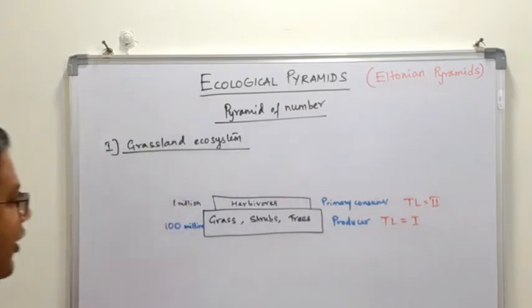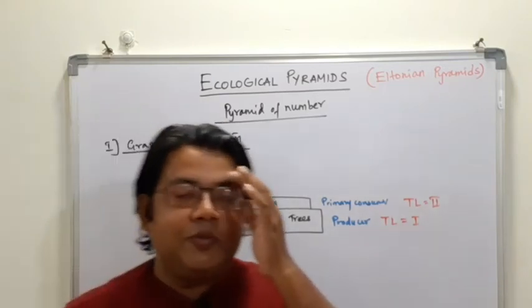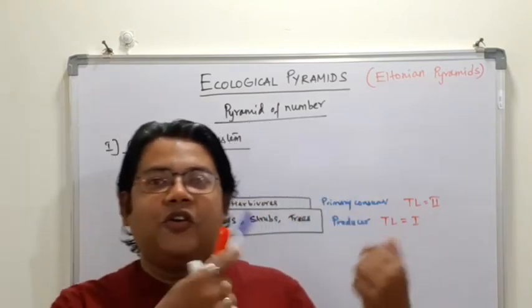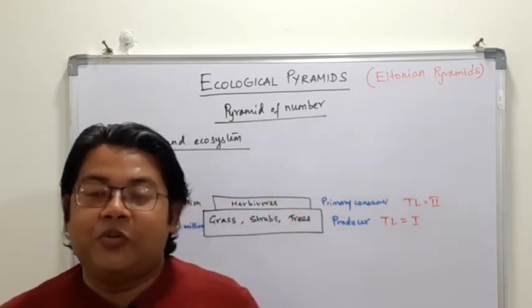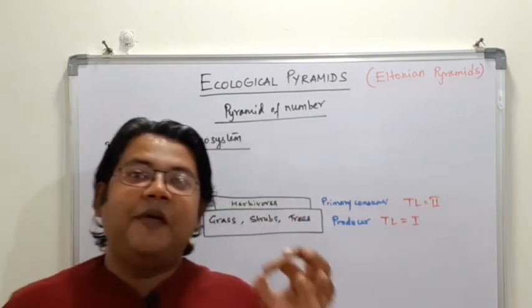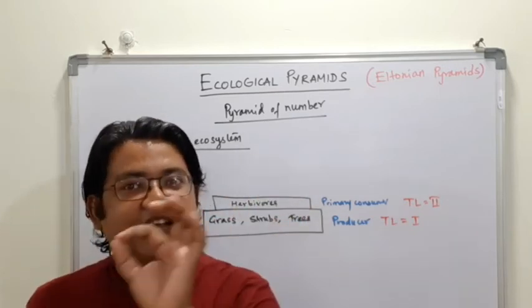Now let us consider the secondary consumers. What will be the secondary consumers? Secondary consumers will be those which feed on the primary consumers. These organisms will be called the primary carnivores or the secondary consumers.